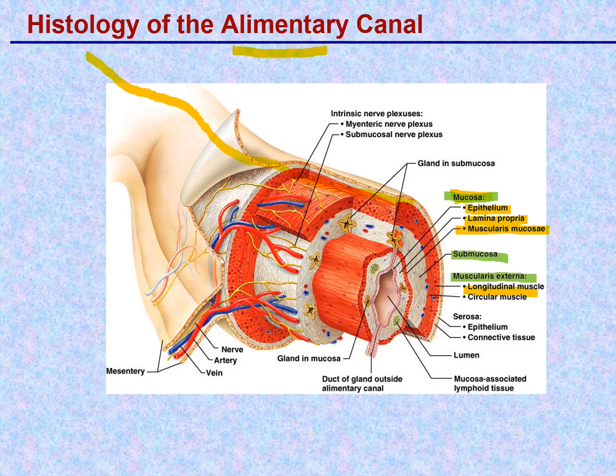What these 2 allow for is different movement in different directions of the alimentary canal, helping with digestion and moving materials along. Then outside of all of that, of course, is the serosal membrane, the visceral serosa, and that's the 4th tunic of the GI tract.